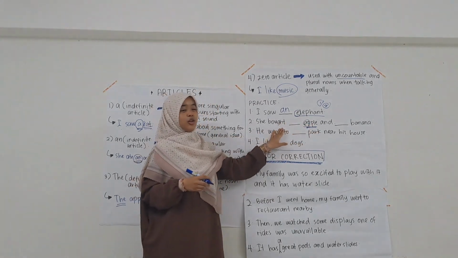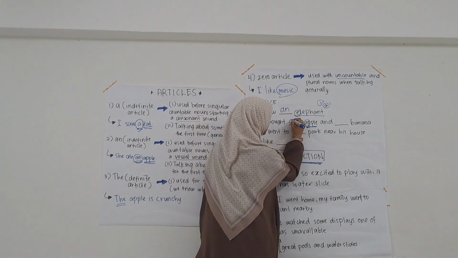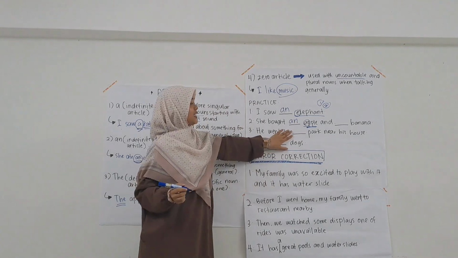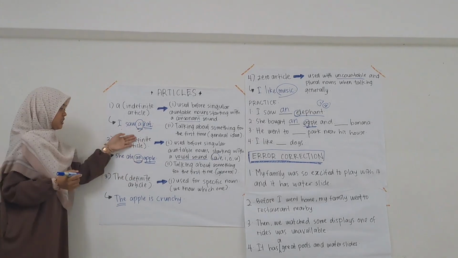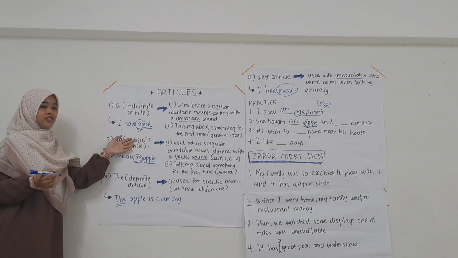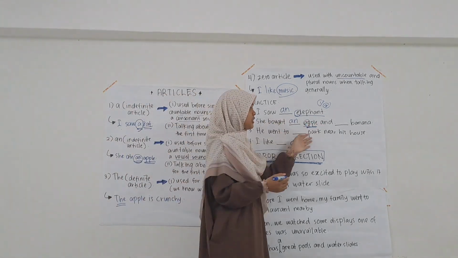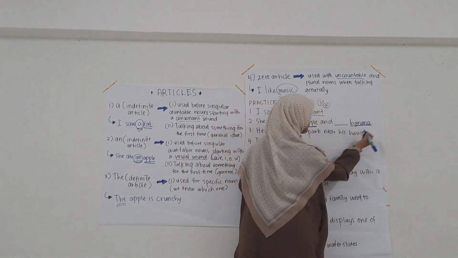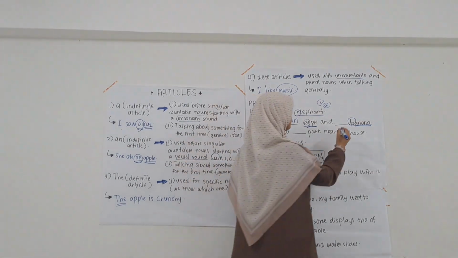So you have to write it with the article an, because again it has the criteria that we have mentioned for the indefinite article an. Okay. What about banana? Banana starts with consonant or vowel sound? Consonant sound, right? Okay, that's one.